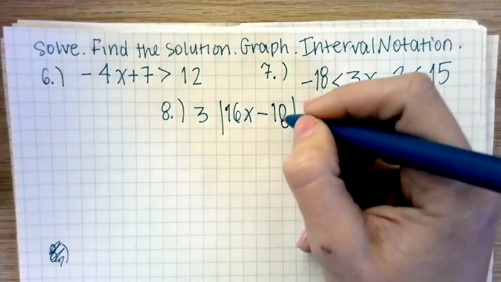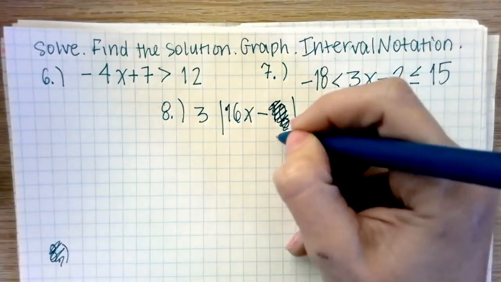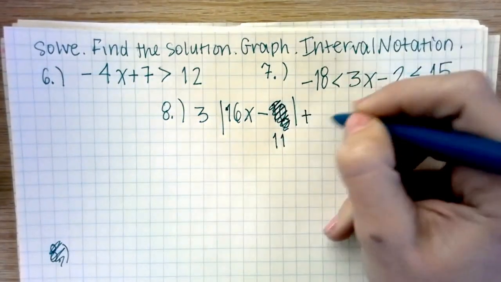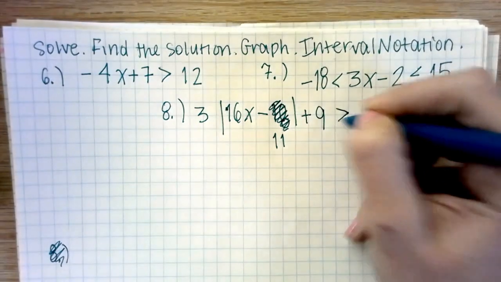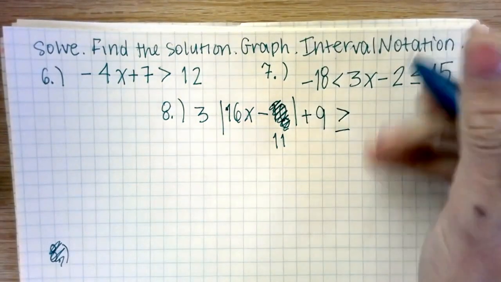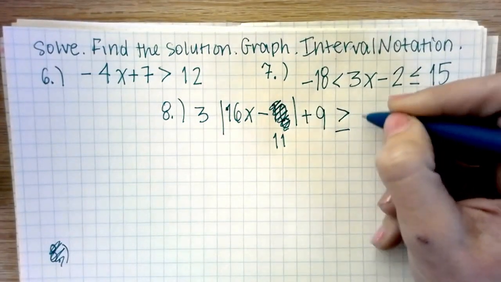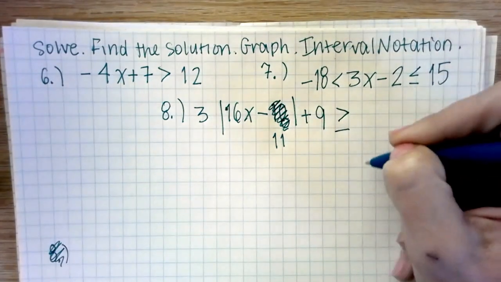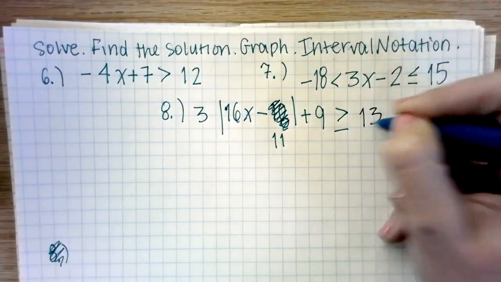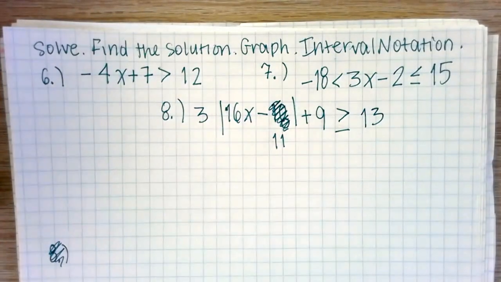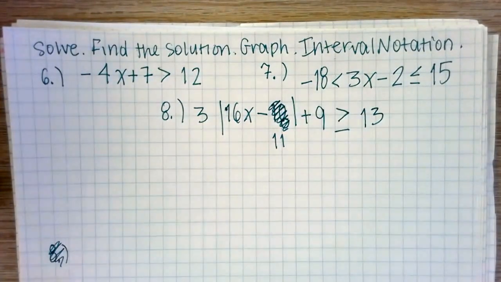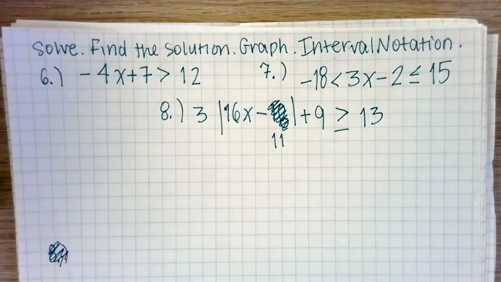I keep using the same numbers over and over. 11 plus 9 is greater than or equal to 13. All right, so whatever, something along those lines. So we have 3 examples like that. So it's 8 questions so far.